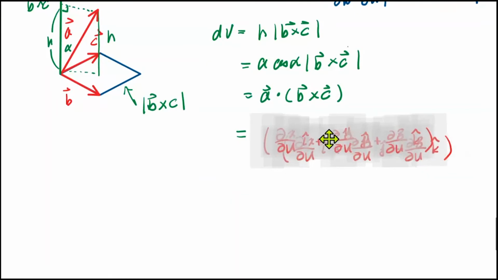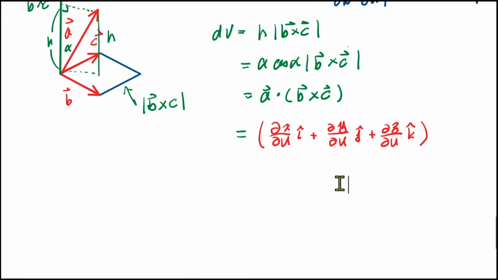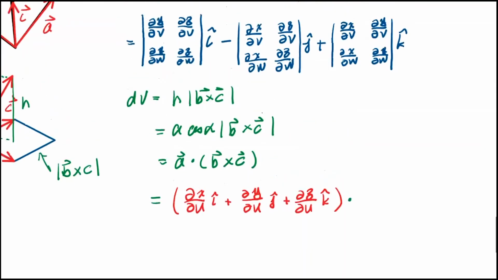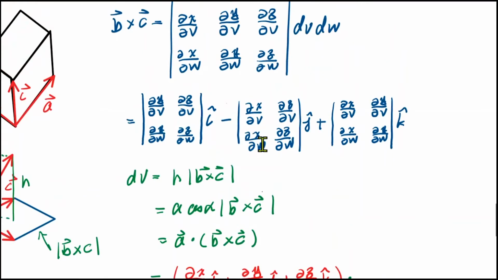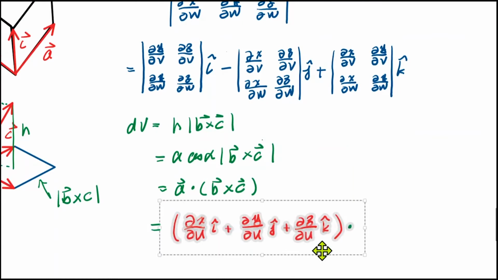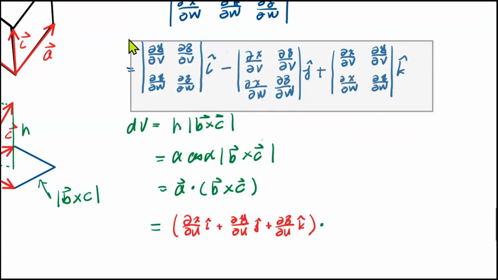Here's my A. And then I'm going to dot it with this, my B cross C that I have computed nicely, right? I'm going to make this A a little bit smaller. That A is kind of big. Okay, and then I'm going to copy this monster.